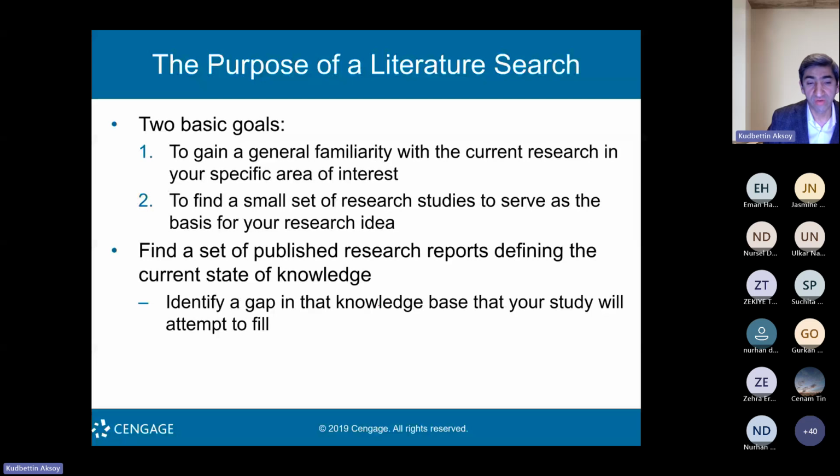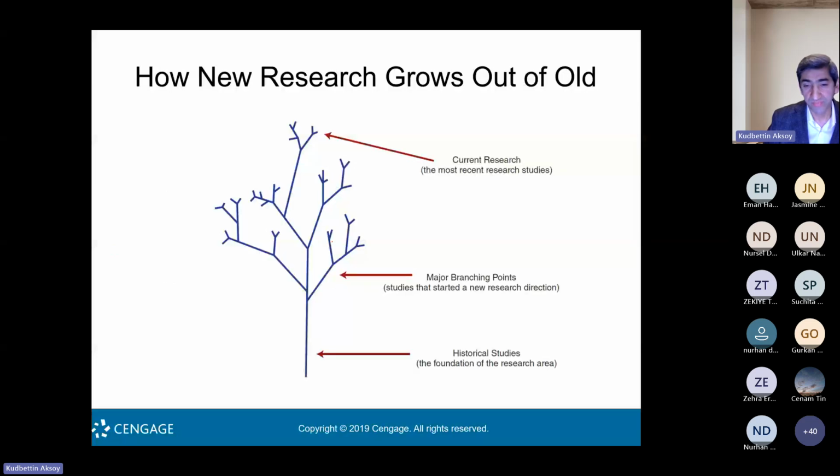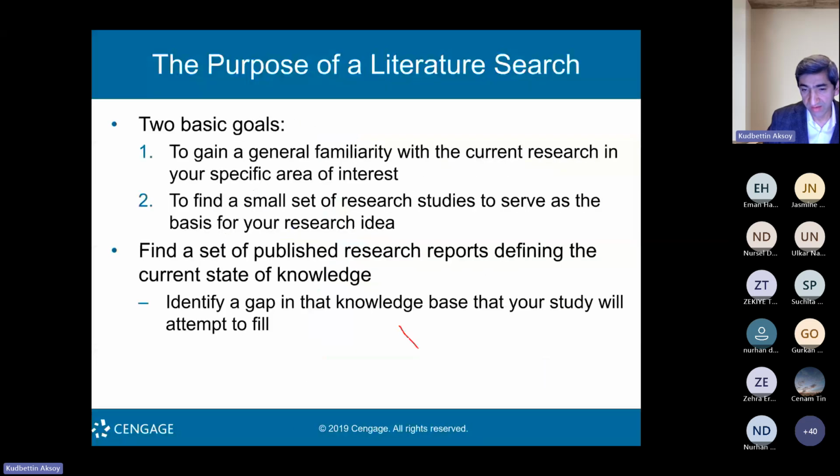When you do a literature review, the most important thing is you start from general. I'm going to explain in your textbook. You start from general, you narrow it down.